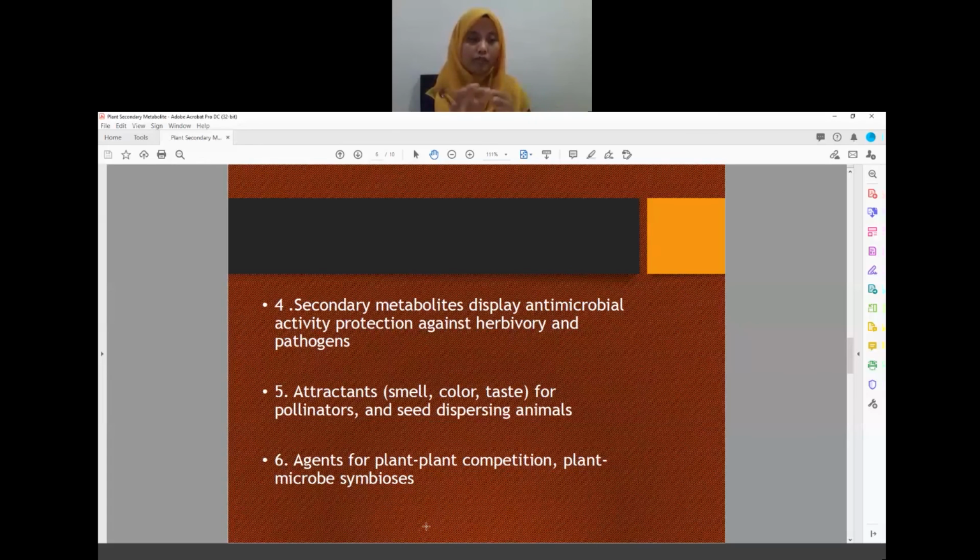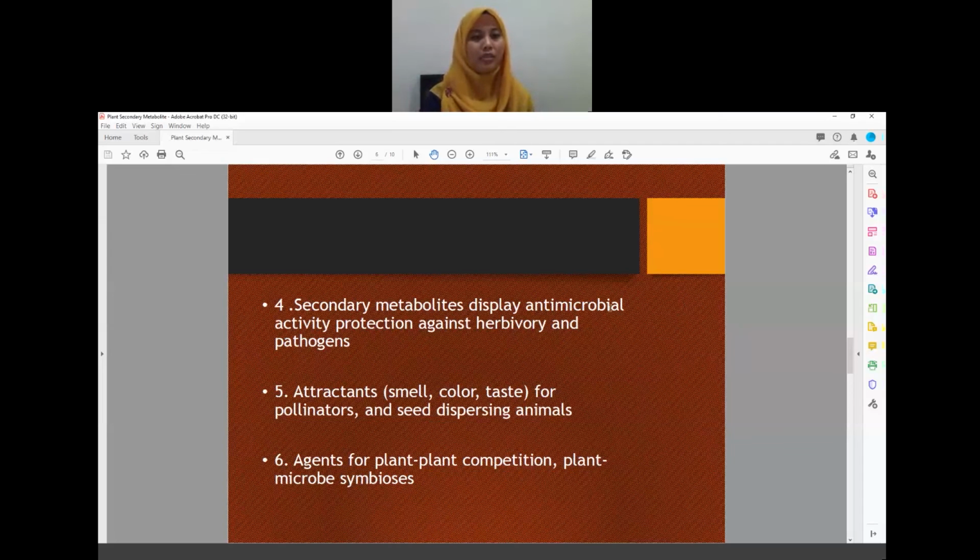Usually I use filter paper and then just paste it on your culture plates. So you can see the inhibitory response of the bacteria to this compound in your plant extract.